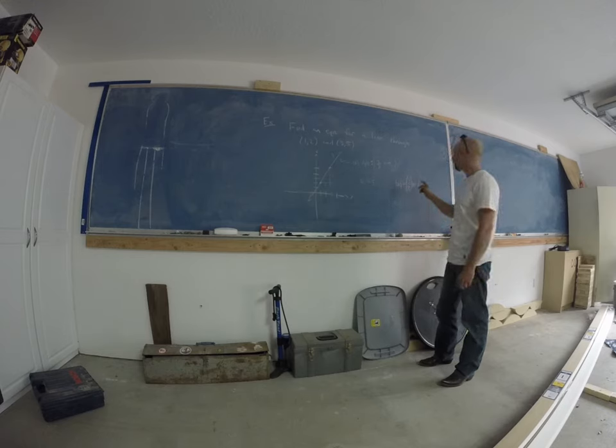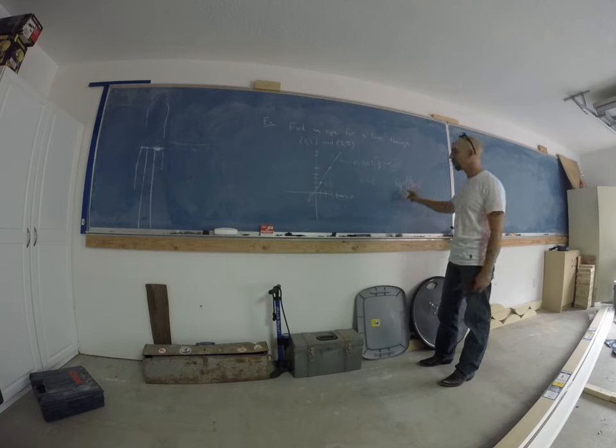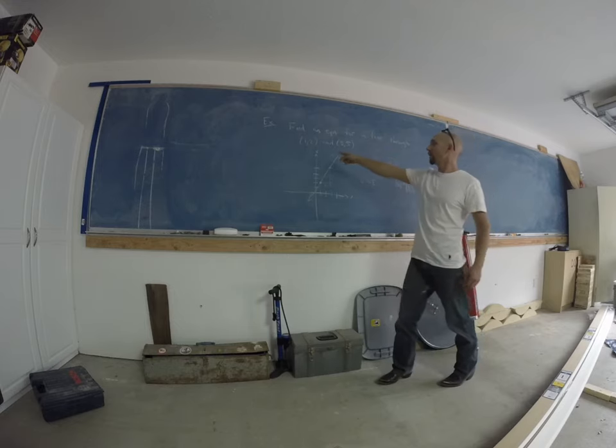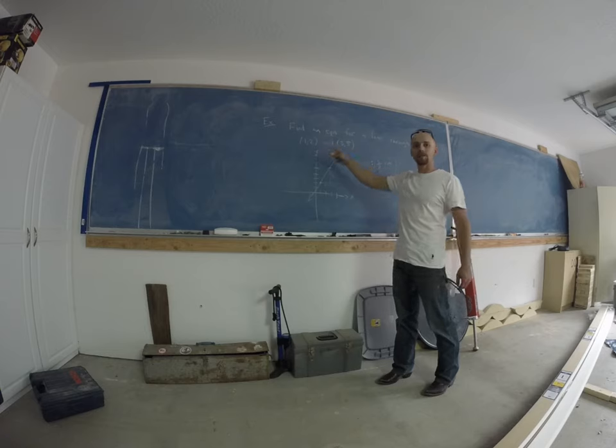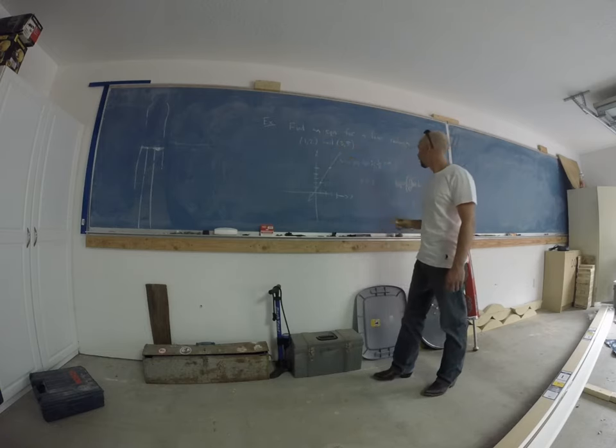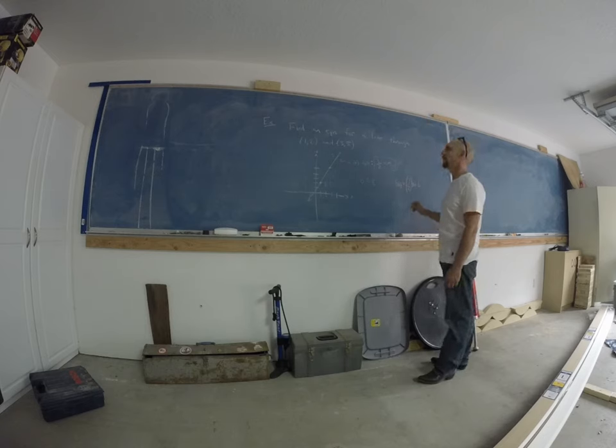Okay, what do I know about x and f of x? Well, those should be things on a graph, so I need to find something on the graph. Oh, very conveniently, I have things on the graph. You can use either one of these, it doesn't matter which. Let's use this one. So if we plug that in, which one's the x?